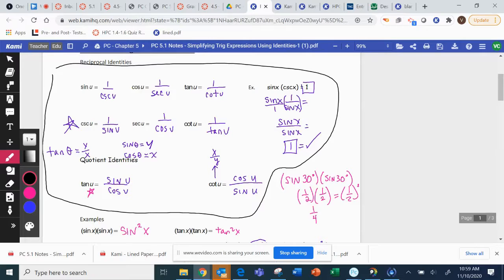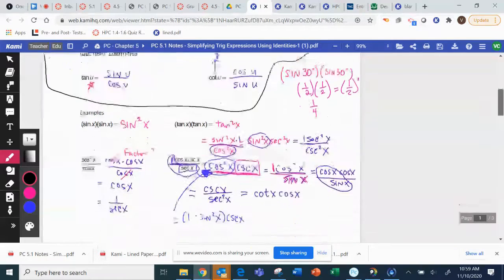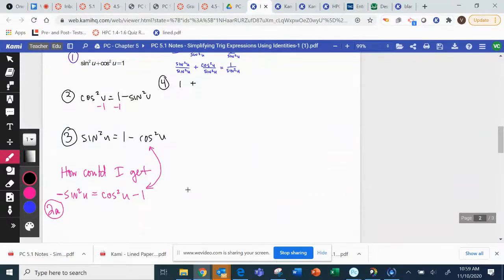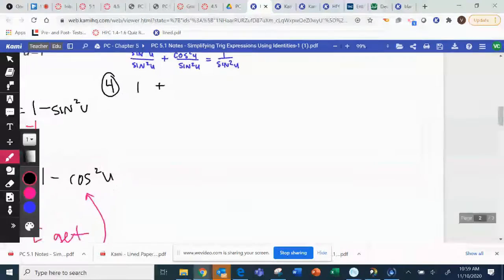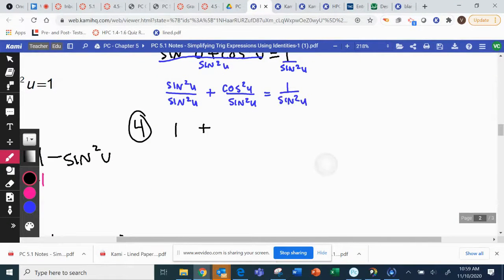You don't see cosine over sine? Mm-hmm. So since it's squared, I'm going to write cotangent squared.